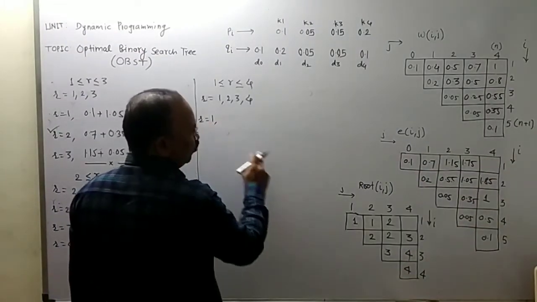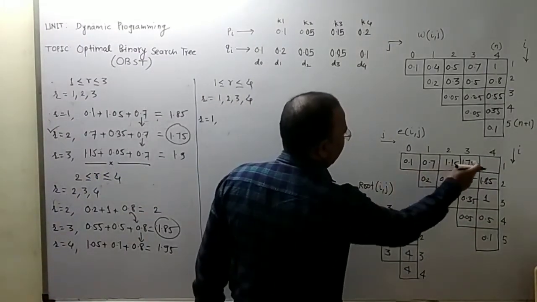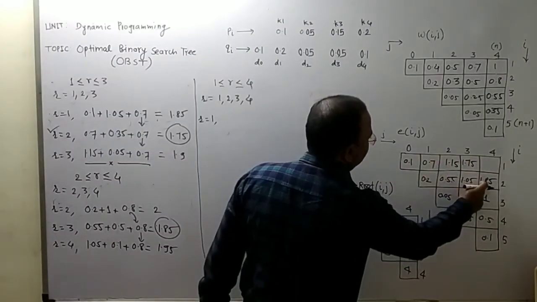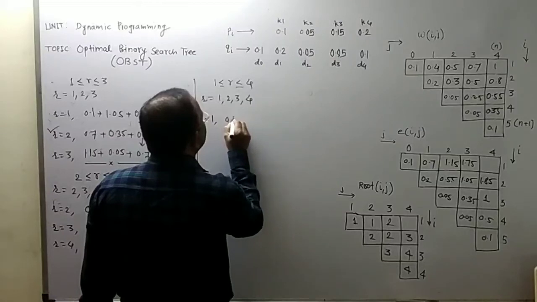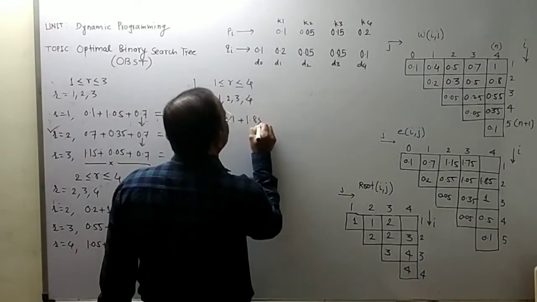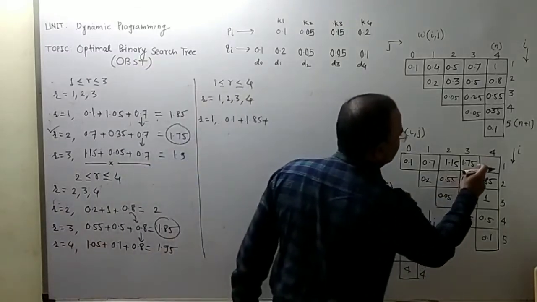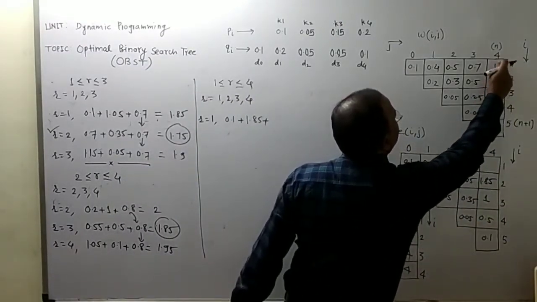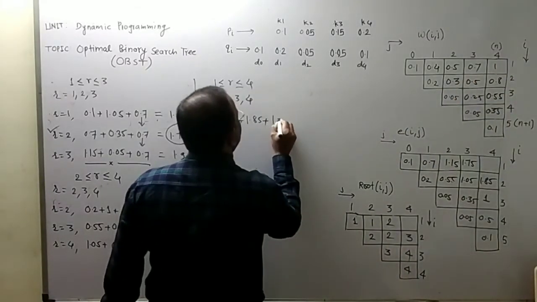For r is equal to 1, we have to add 0.1 with 1.85, 0.1 with 1.85 plus the value at the 1, 4 position in the W table, that is 1, is equal to.